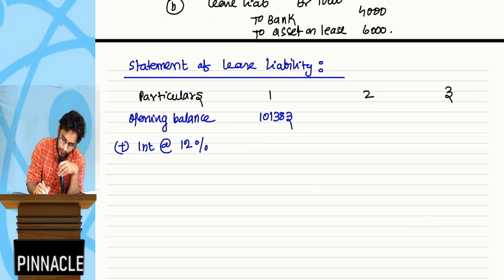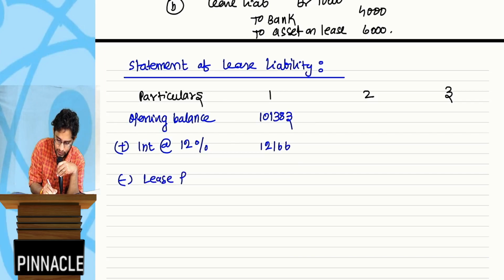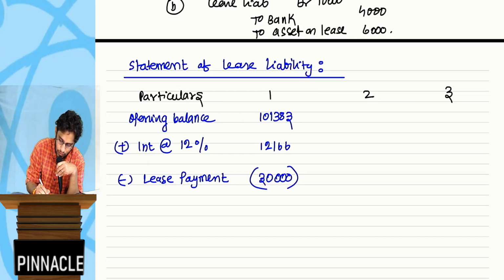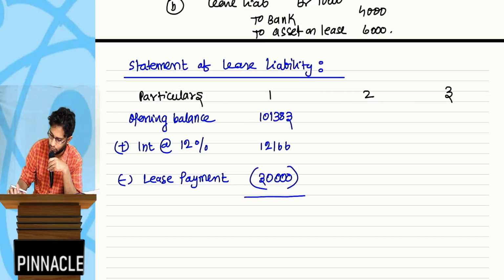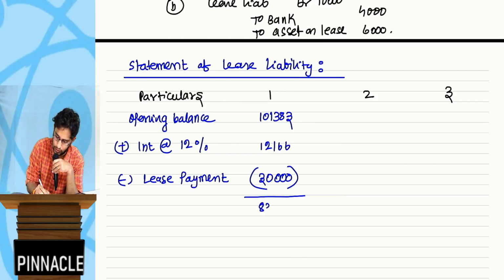12,166. Minus lease payment, first year 30,000. $83,549.